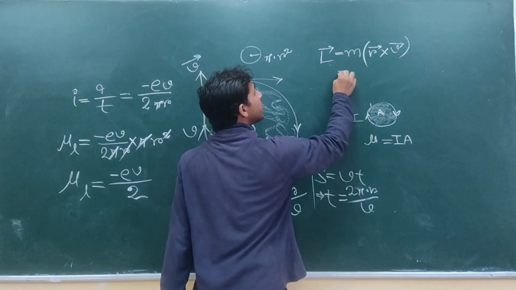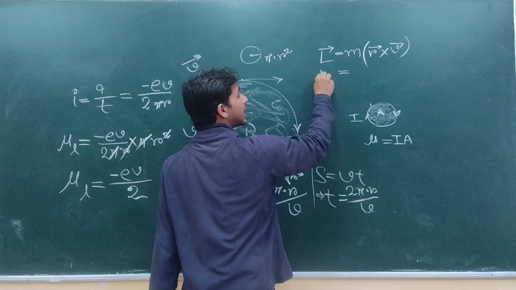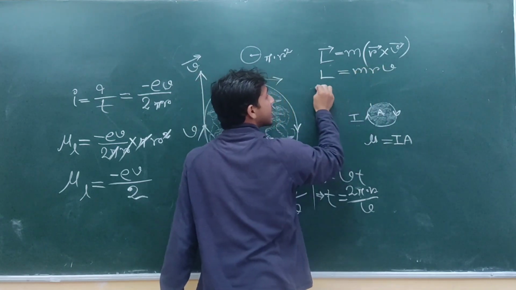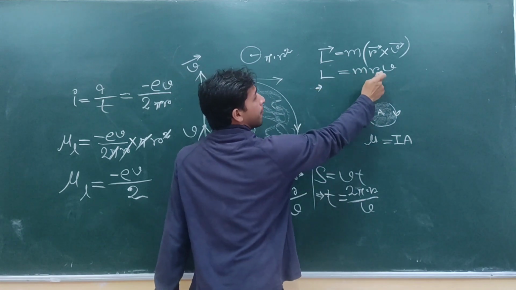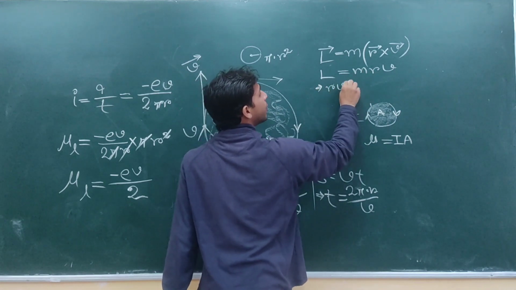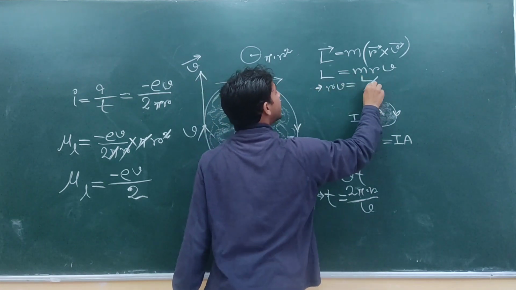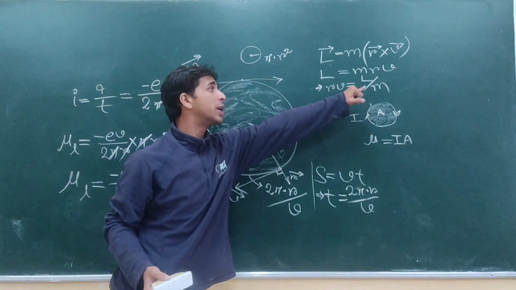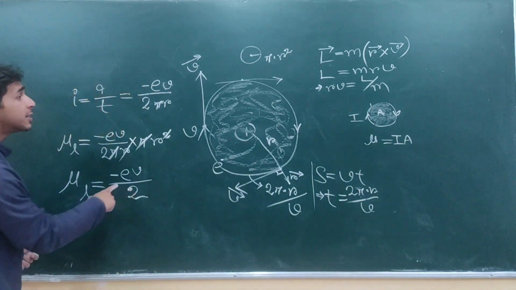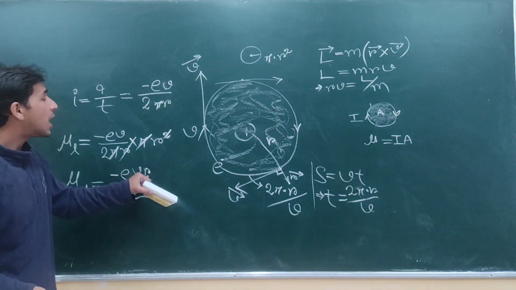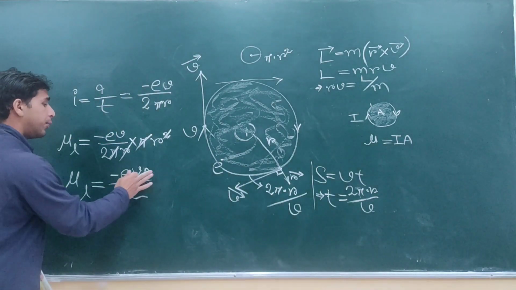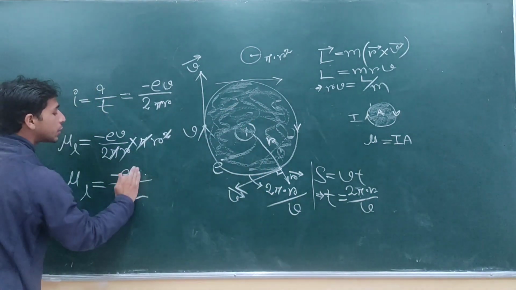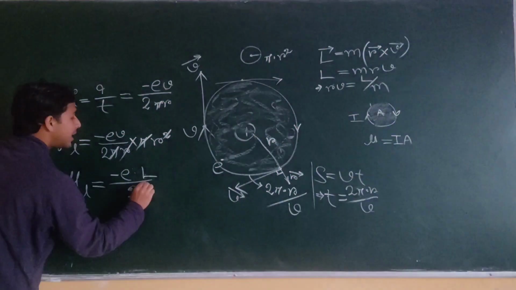So the formula for L vector, or I can say L, becomes m r v, or I can say r times v will be equal to L divided by small m. Now if you put r times v equal to L divided by m here, you will get this equal to L divided by m.